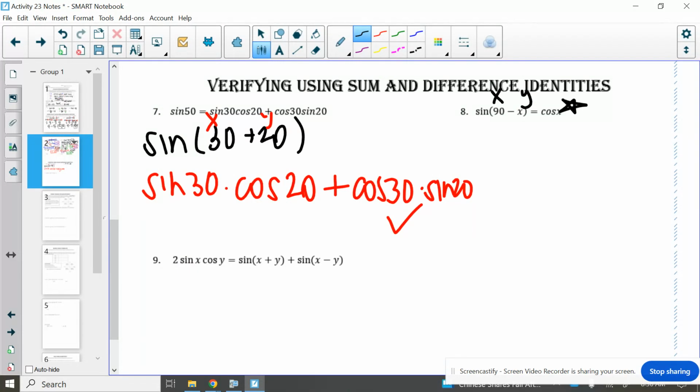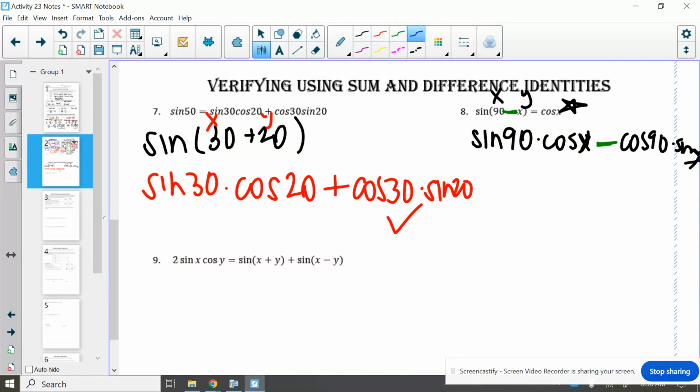So again, if we have a sine problem, we would want sine of x times cosine of y, which in this case is x. And then notice this is a minus sign, so for sine, we would keep it the same. Cosine of x times the sine of y, which in this case is x.